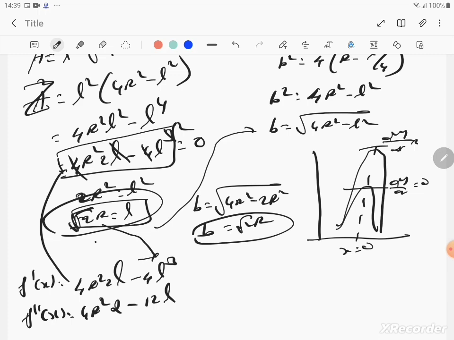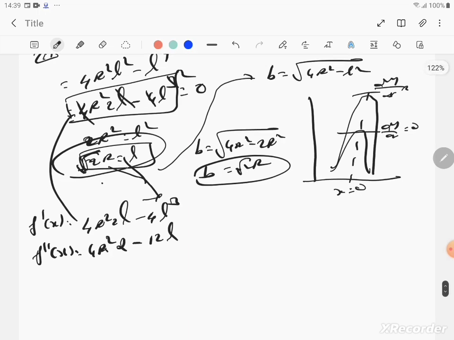So first, did you differentiate 4r square with respect to L? Yes, we differentiated. Substitute what is L. L is root 2r. 4r square to 8r square minus 12 into L, so 8r square minus 12 root 2r.